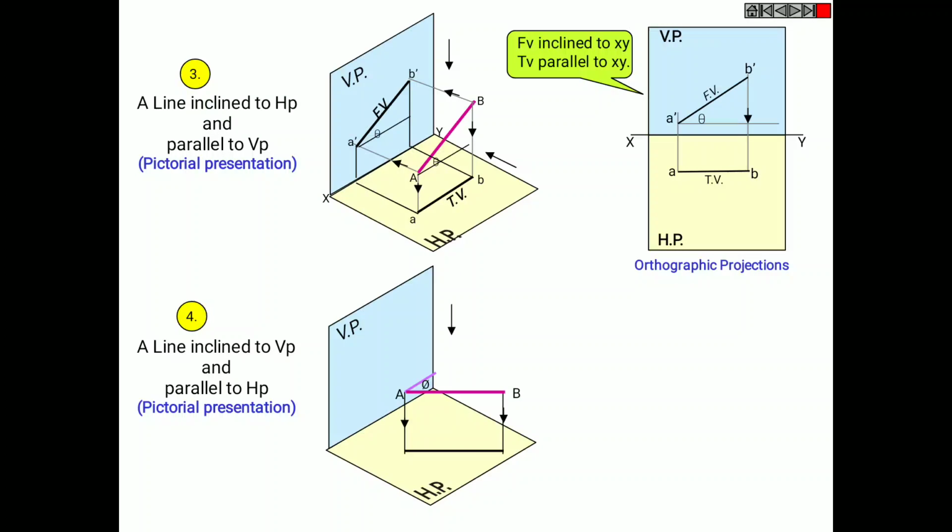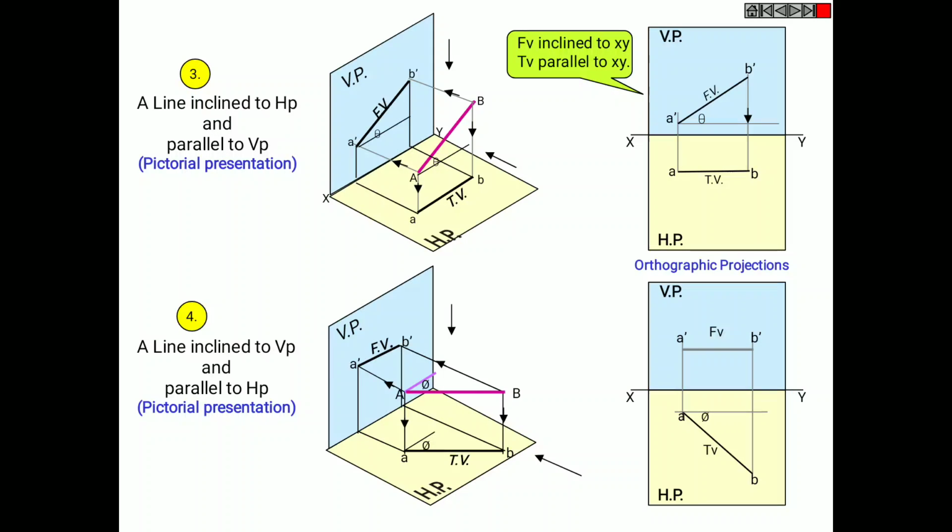The top view will be on the horizontal plane, which will be the true length of AB. The front view will be on the vertical plane, which may not be the true length, shown as A dash B dash, and its orthographic projection is shown on the right side of your figure.